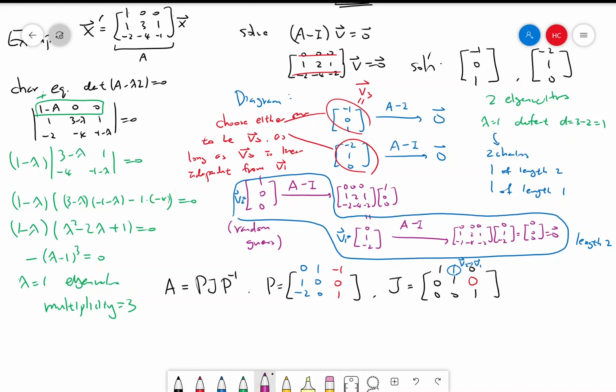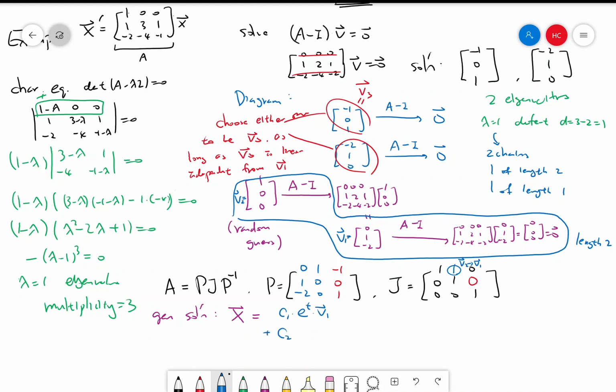And the general solution for the differential equation is x equal to, so V1 is an eigenvector, so it gives you C1 times e to the lambda t. Lambda is 1, so it's e to the t times V1. And V2 is pointing to V1, so we have the terms piling up.